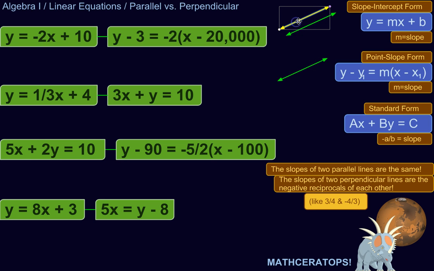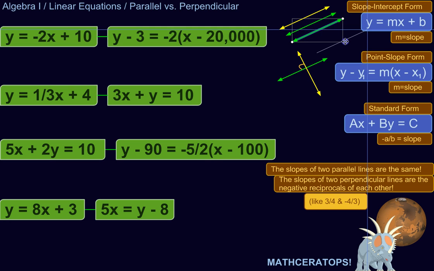This line and this line are perpendicular. It's not quite right, I'm kind of eyeballing it here, but when they cross, they need to form a 90-degree angle. So they're perpendicular.